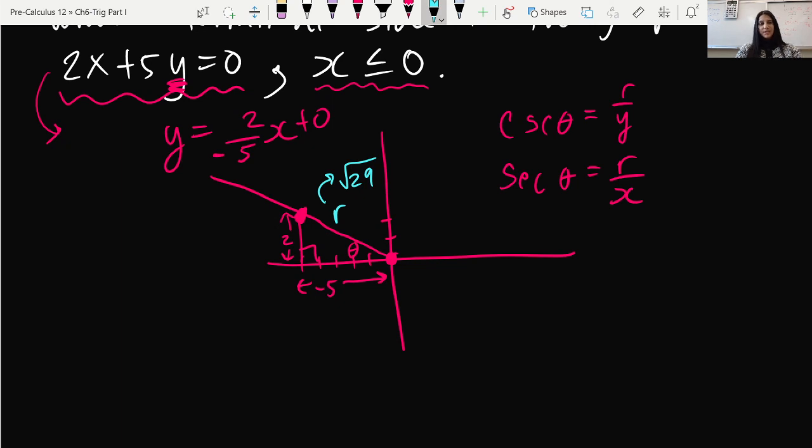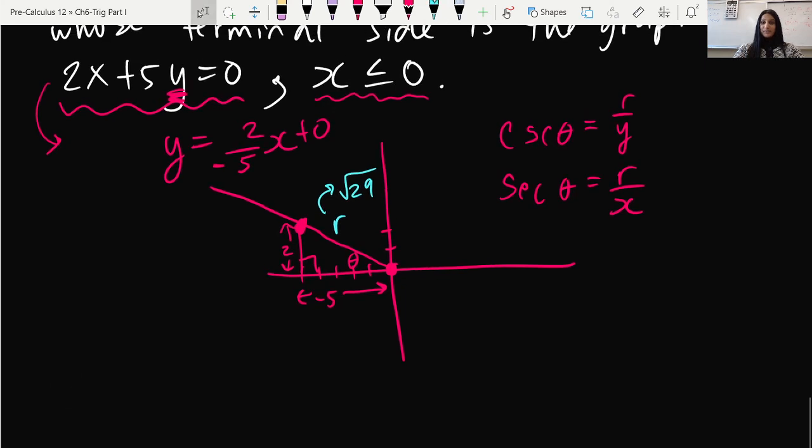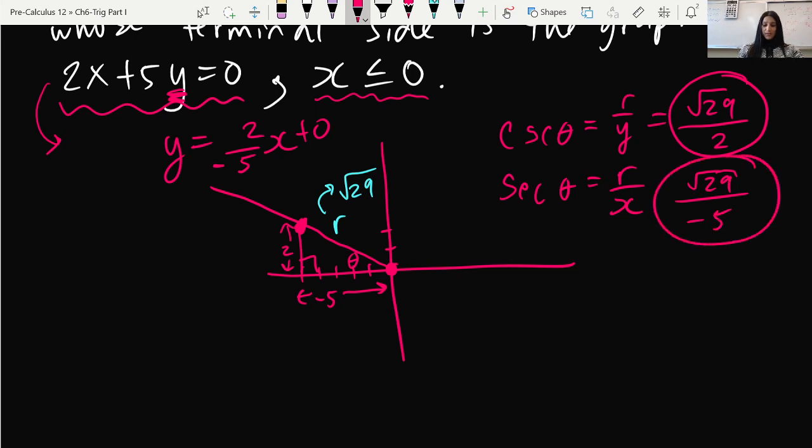So that means my answer for cosecant theta is root 29 over the y value, which was 2. I'm going to circle that. And for secant theta, root 29, that's what we just found, over the x value, which was negative 5. So there's my answer for that one.